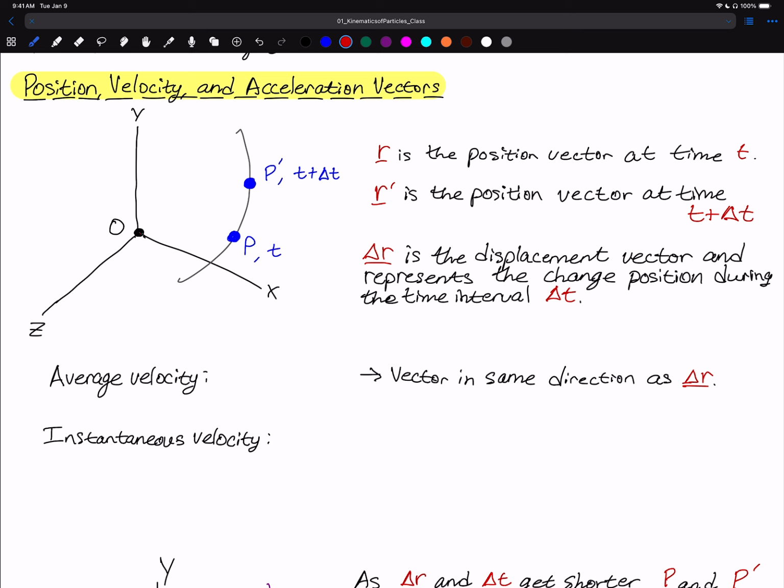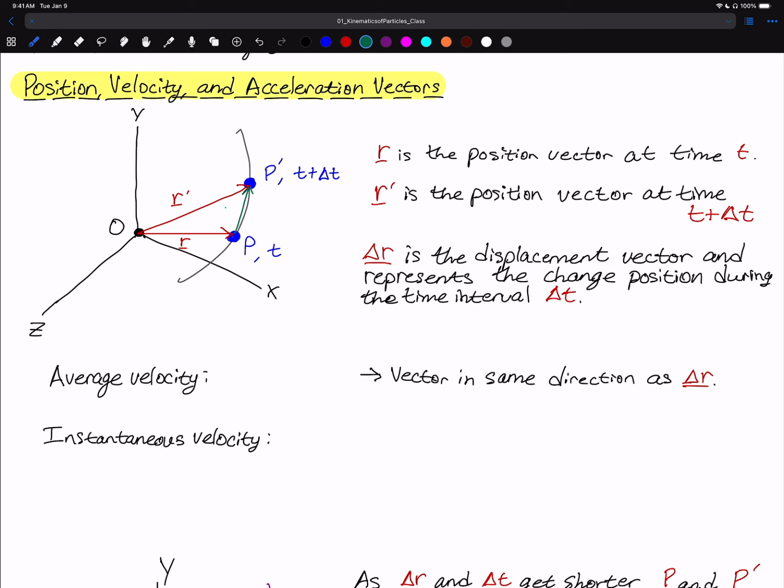We'll start by drawing our first position vector from the origin to the particle, and we're going to call this position vector R. Again, this underline represents a vector. Then we'll have a second position vector from the origin to the second position, and we're going to call this R prime. And then we'll write down the relative vector, or the displacement, the change in position.